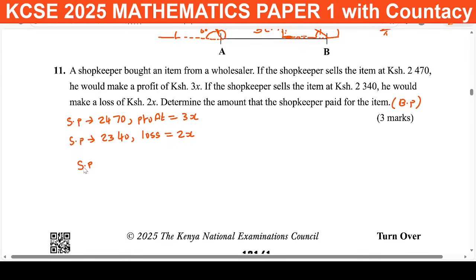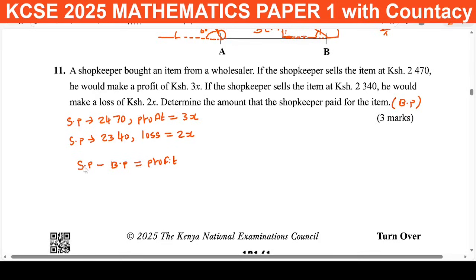So we do the selling price minus buying price so that we can get the profit. Amazing. I believe that you do get that. We do the selling price minus the buying price so that we can get the profit. This is how we get the profit.